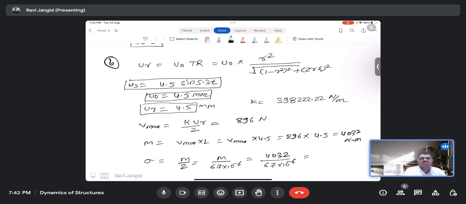Because the transmissibility is coming out to be one, 100%. Yes, 100%. The stress is 60.17, so it is coming out to be 60.2 MPa.